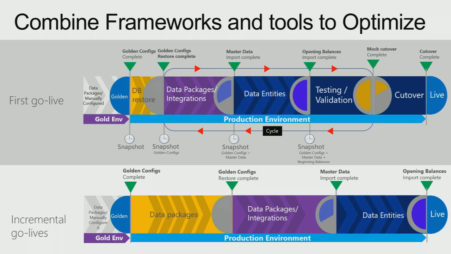A lot of our customers struggled when you had multiple functional go lives, right? Either you go live in US first, then Canada, and subsequent. So this particular technology, like data packages, lets you extract data from a gold environment and then push it to production. So that's a key differentiator.